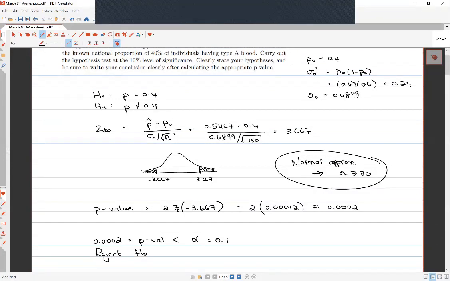What does that tell us? You always have to make sure that you ultimately write down or state a conclusion in the context of the original problem.